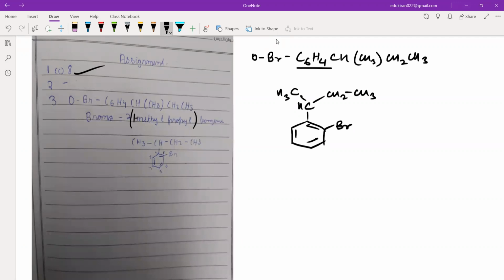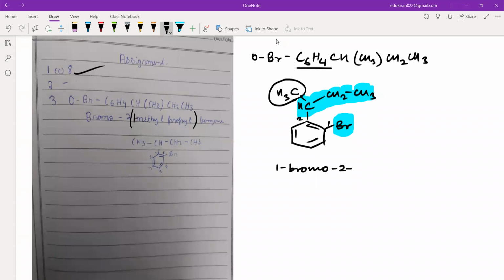Now, first of all, we have to number this. So we will number it like this. We'll have 1 here and 2 here. And this is obviously bromo. Then we have this part, which is propyl, and it has a methyl group. So the name will be 1-bromo.